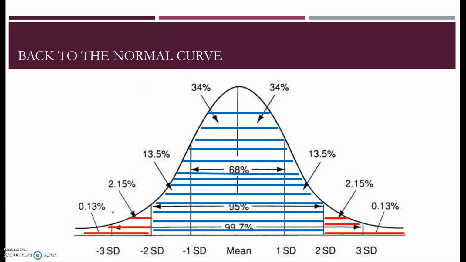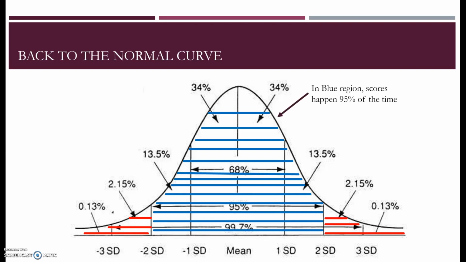Now, let's go back to the normal curve. This is really the most important figure in social science, or in inferential statistics in general. We talked about this a little bit last week. When you have a large sample size, or when you're referring to the whole population, which should have a large size, we believe that the distribution of the population usually follows a normal curve, which means most people will be in the middle, we have a small group of people on the extremes, and most people should surround the mean, the average.